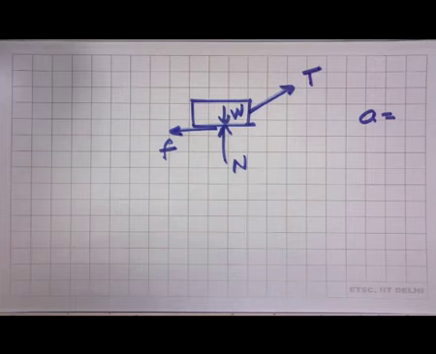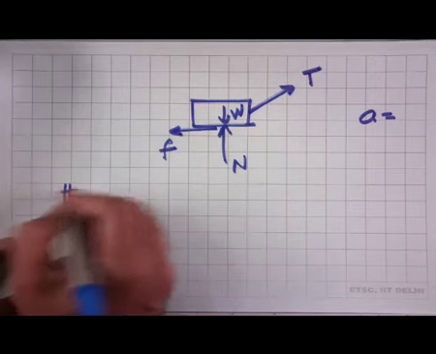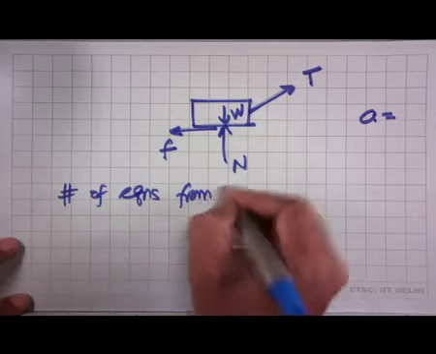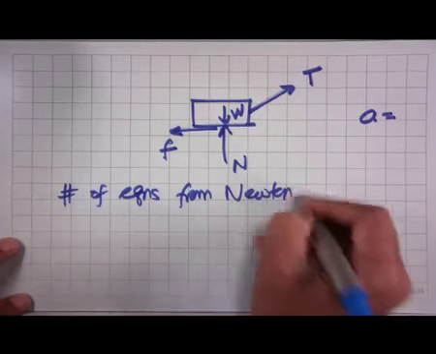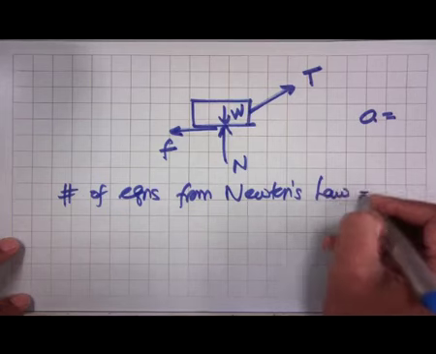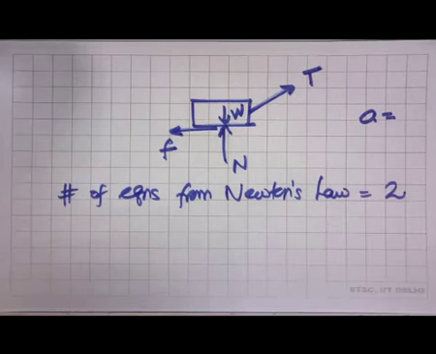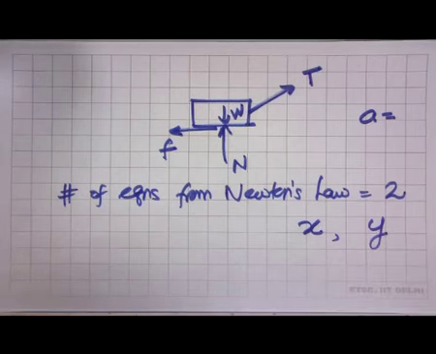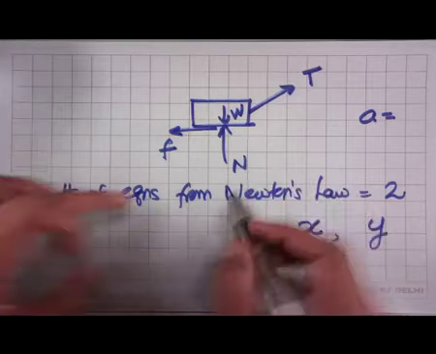So, now our number of equations from Newton's law is 2, one in x direction, one in the y direction. Okay?